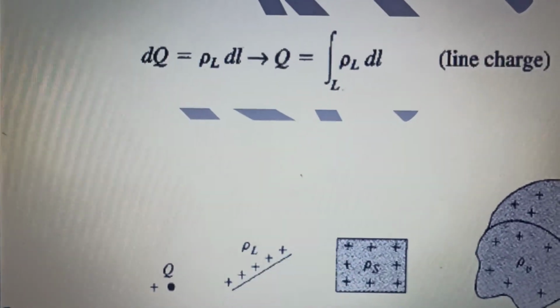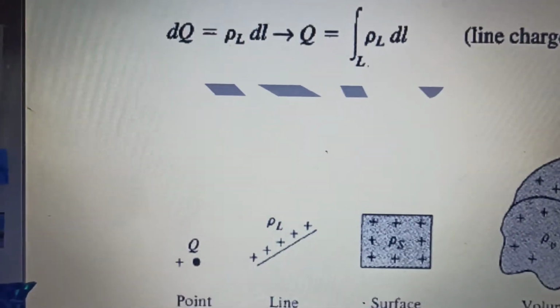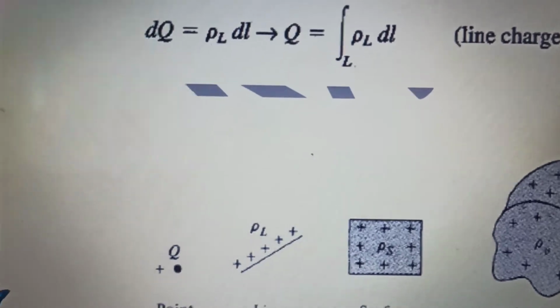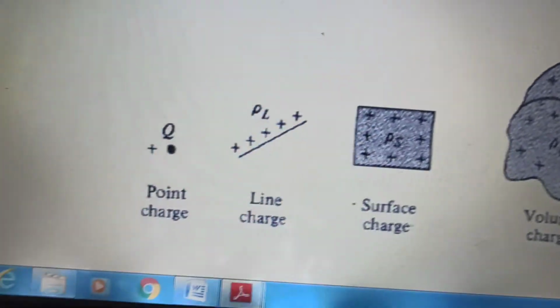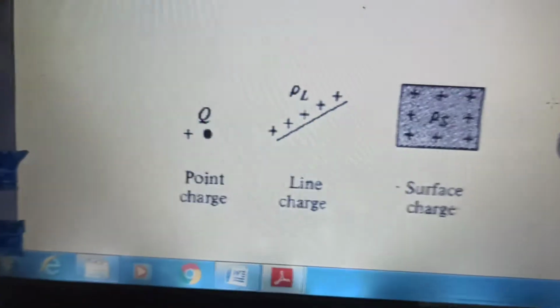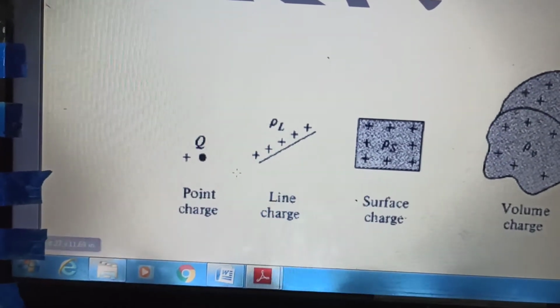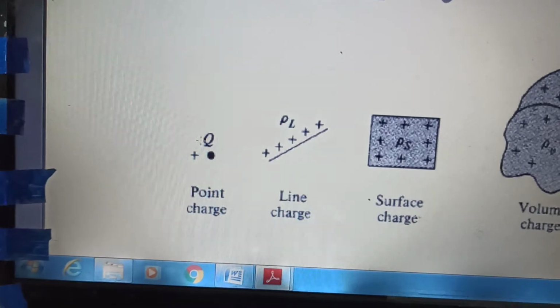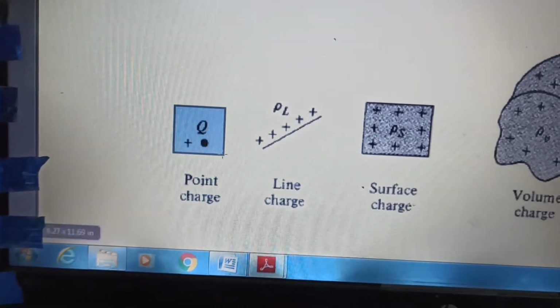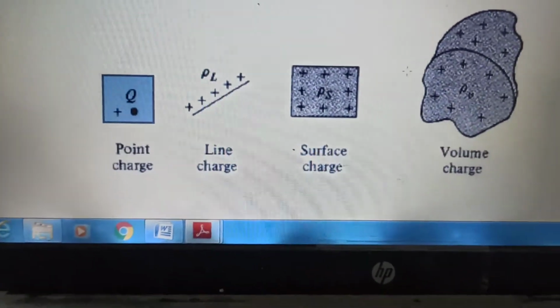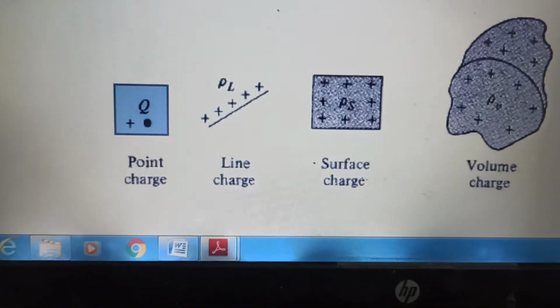Okay, that rho L, the charge density over a line, you can see in this diagram. This is a point charge, this is a line charge, this is a surface charge, this is a volume charge. I think till this point it is quite clear.